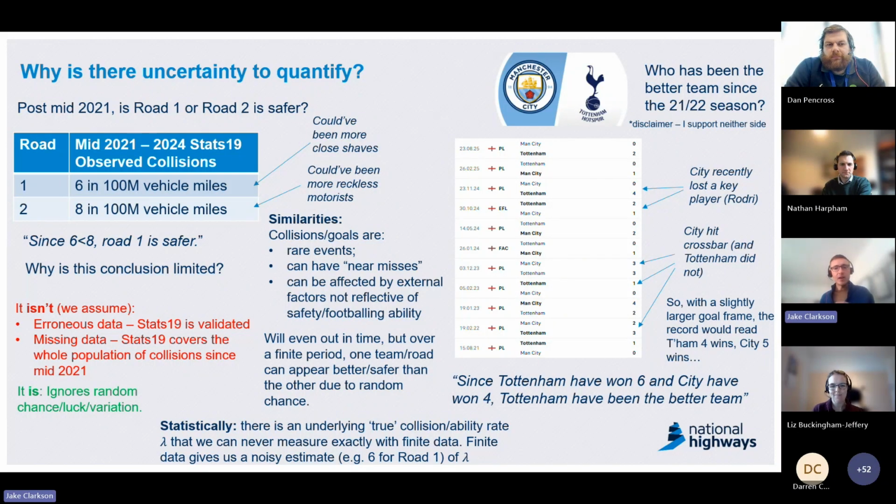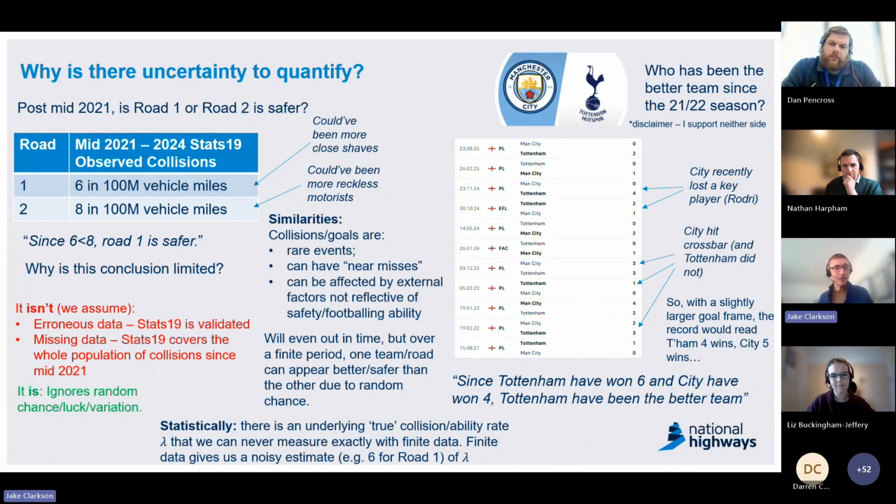And there are similarities between the football example and the road safety we're looking at, in that they measure either ability or safety via goals or collisions. And goals and collisions are both quite rare events, so they're not something that's happening all the time. And we can also have near misses. For example, in the football example, the crossbar, as I've mentioned, or maybe a marginal offside where a team gets close to scoring but doesn't.